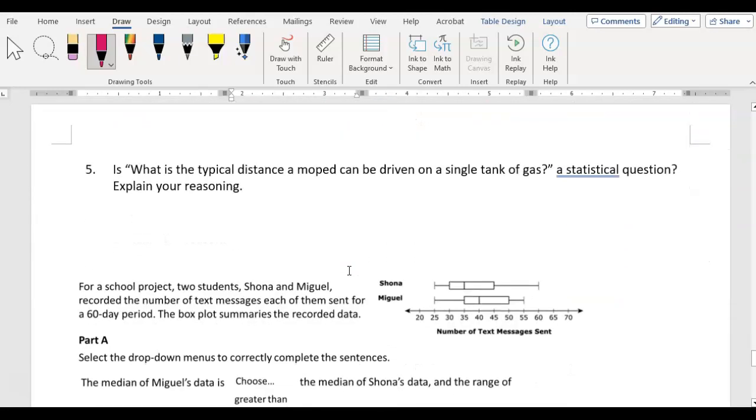Number 5 asks, what is the typical distance a moped can be driven on a single tank of gas? Is that a statistical question?